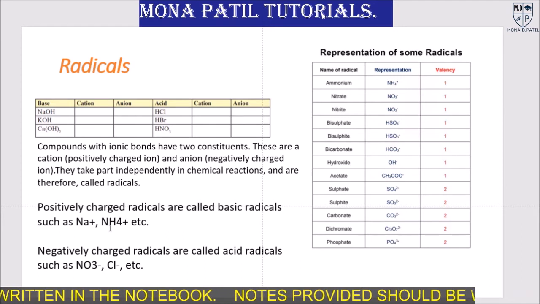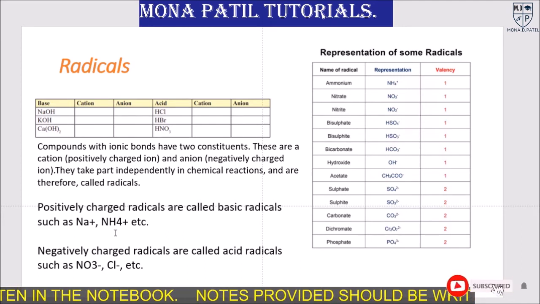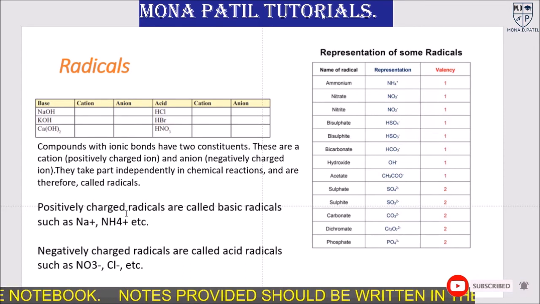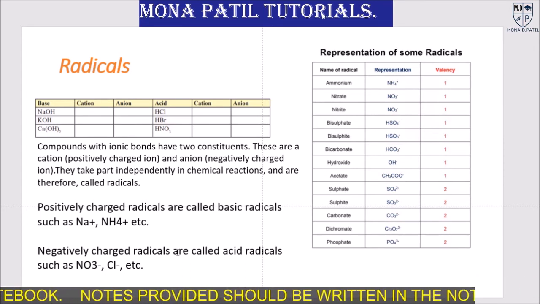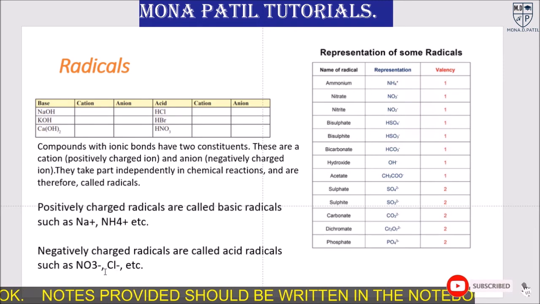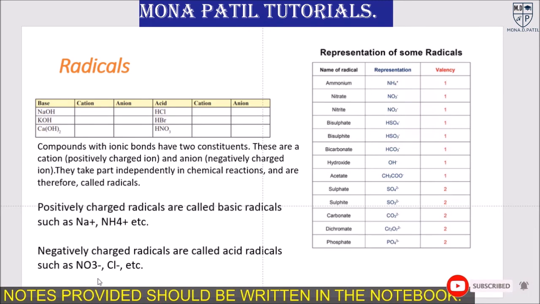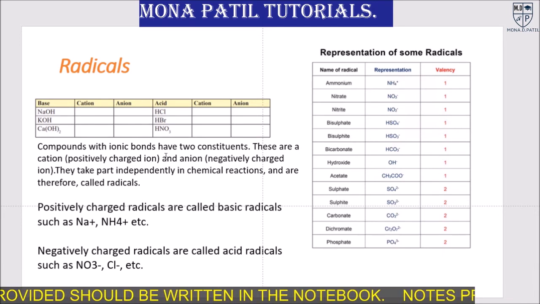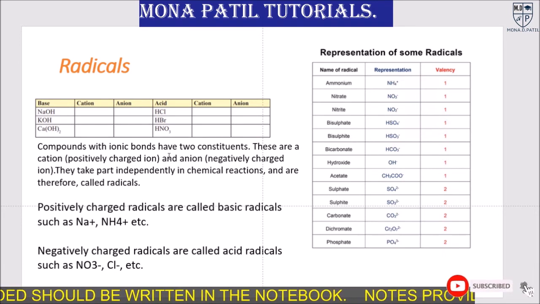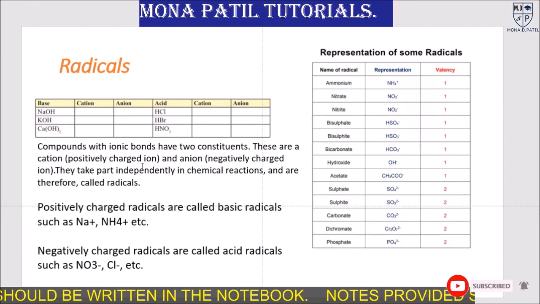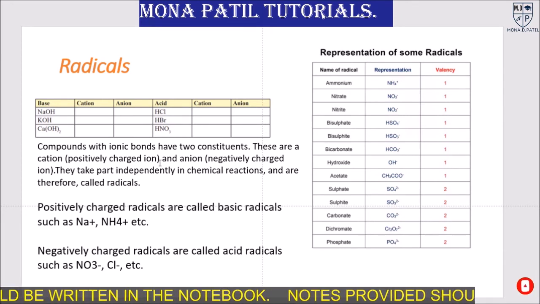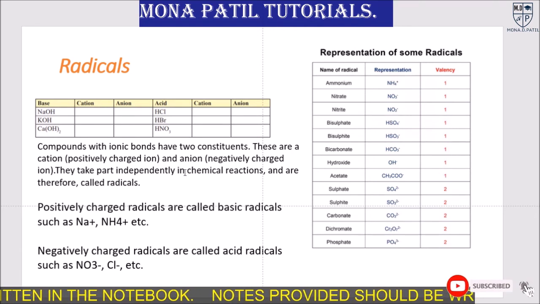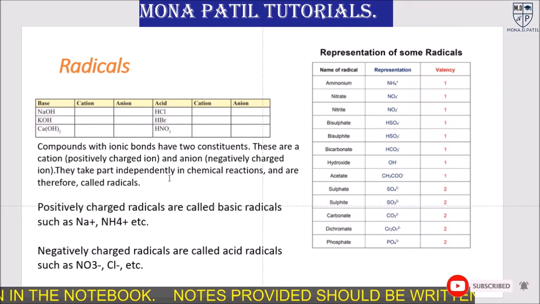Here you can see sodium plus, ammonium plus, etc. The positive charge radicals are called basic radicals, and negative charge radicals are called acidic radicals, such as NO3 minus, Cl minus, etc. So a compound with ionic bond has 2 constituents. These are cations, meaning positive charge ions, and anions, negative charge ions. They take part independently in the chemical reaction and therefore are called radicals.